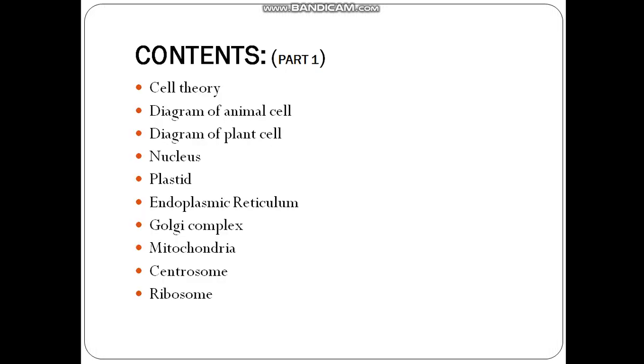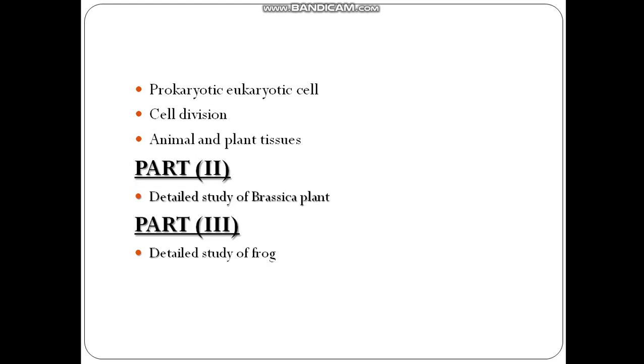Part number 1 includes the contents, cell theory, diagram of animal cell, diagram of plant cell, nucleus, plastid, endoplasmic reticulum, Golgi complex, mitochondria, centrosome, ribosome, prokaryotic cells and eukaryotic cells, cell division, animal and plant tissues. Up to here, it will be part 1.